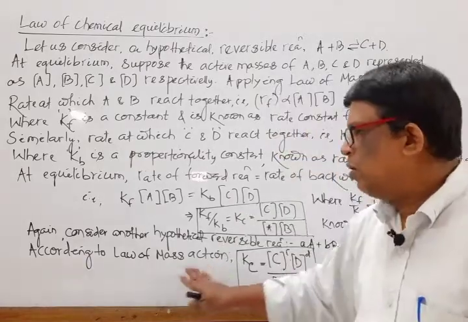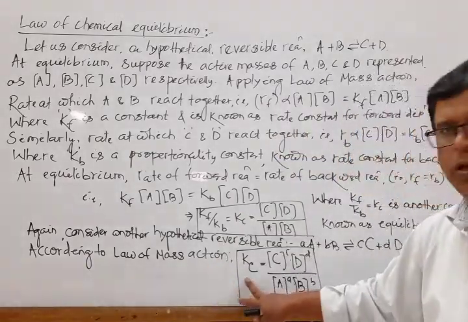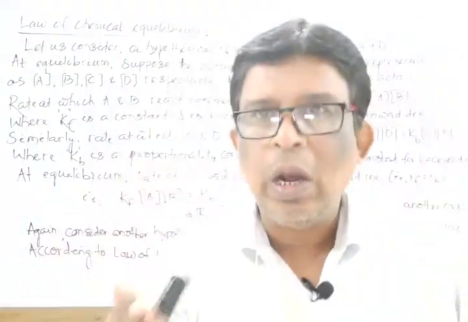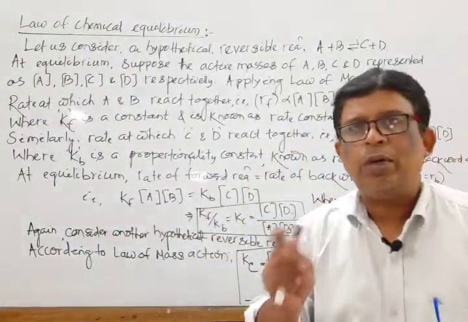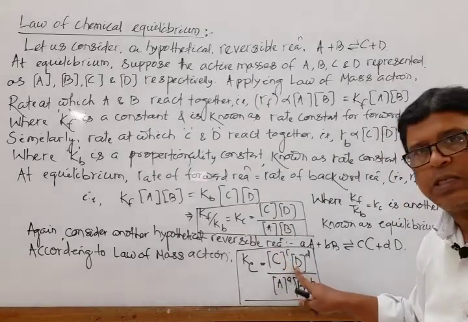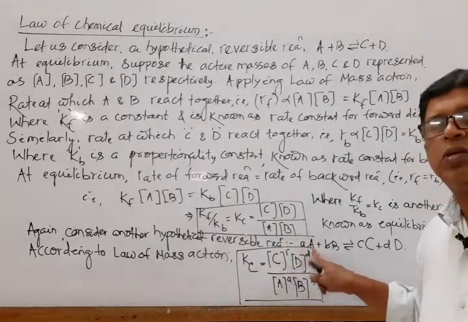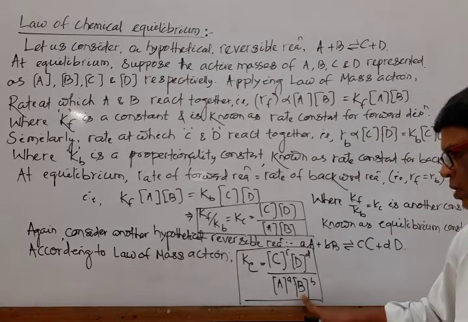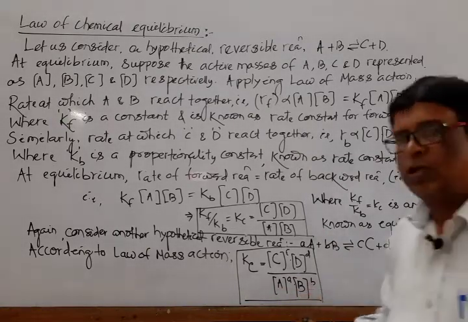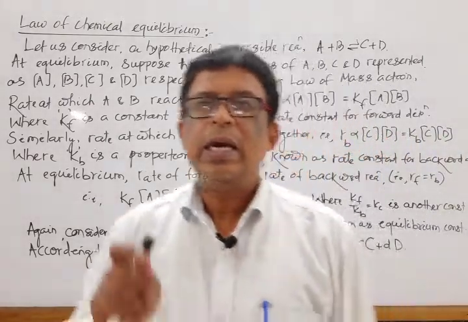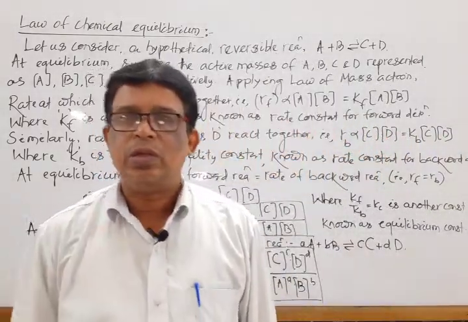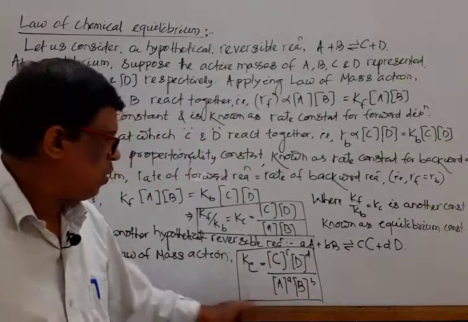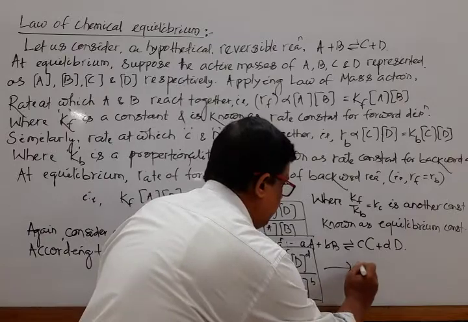Then, according to the law of mass action, Kc is equal to the product of molar concentration of product species, each raised to the power equal to its coefficient, divided by the product of molar concentration of reactant species, each raised to the power equal to its coefficient, which is another constant known as the equilibrium constant. This is equation 3.